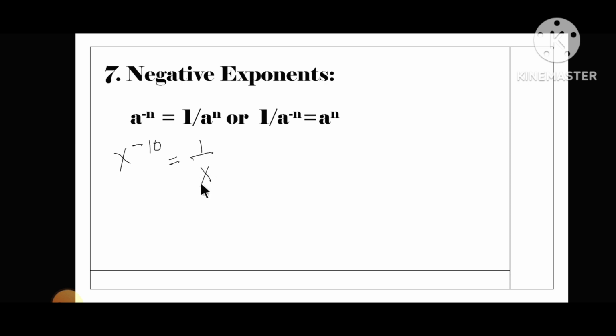Kunin nyo lang yung reciprocal, magiging positive na ang kanyang exponent. Okay? Now, kapag nasa ilalim naman yung negative exponent, 1 over x to the negative 10 is simply equal to x to the 10. Iakyat nyo lang. Okay? Lagay nyo lang sa taas. Magiging positive na yan. Actually, that is yung shortcut natin.